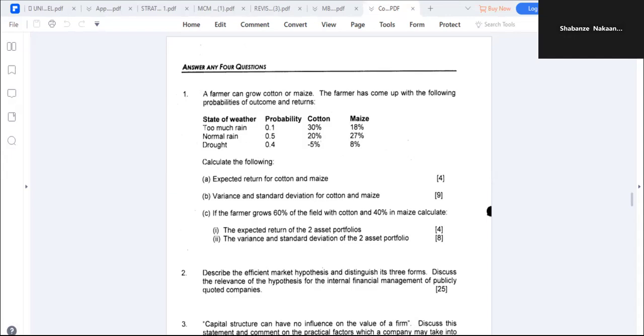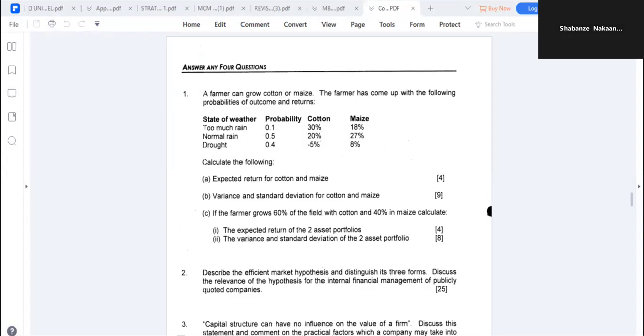So comparing firms, we're usually taught how to calculate the expected return for particular events.